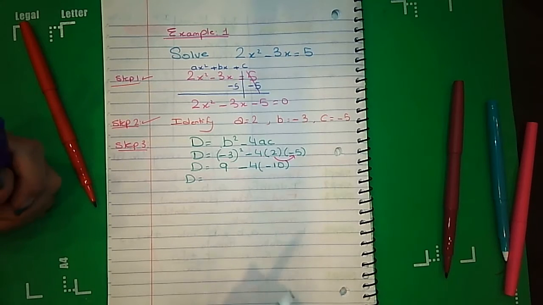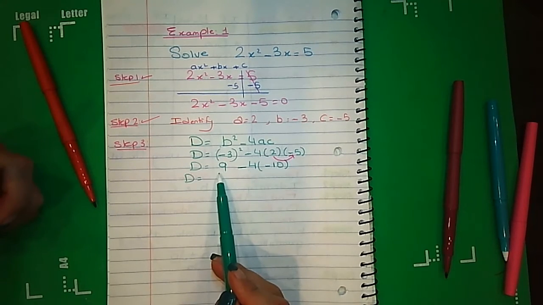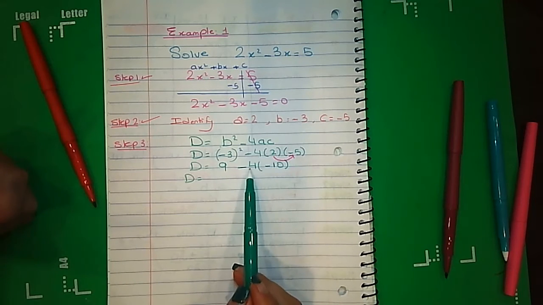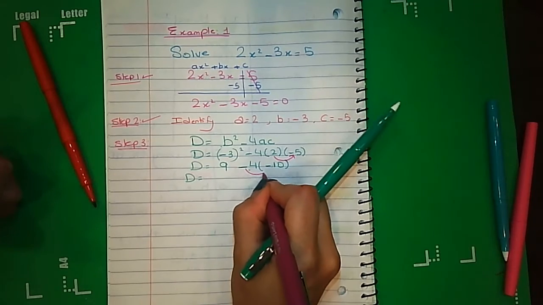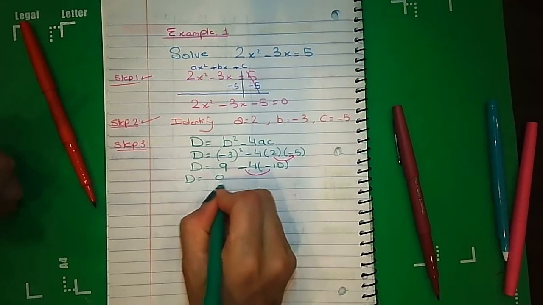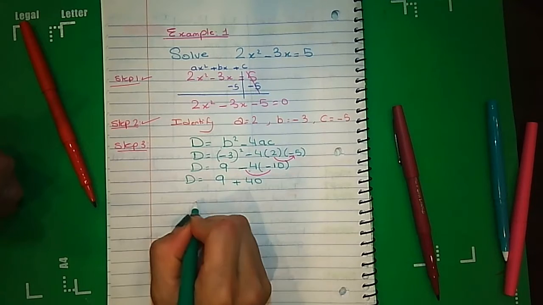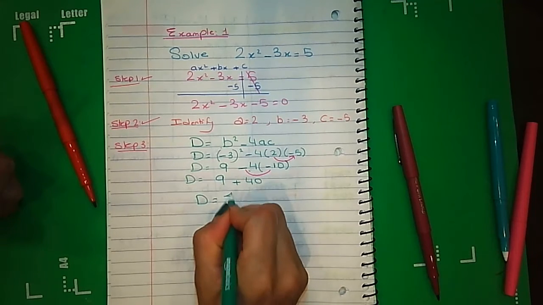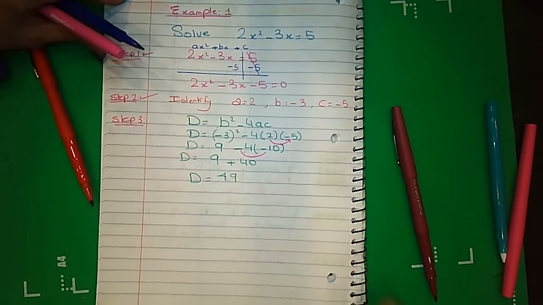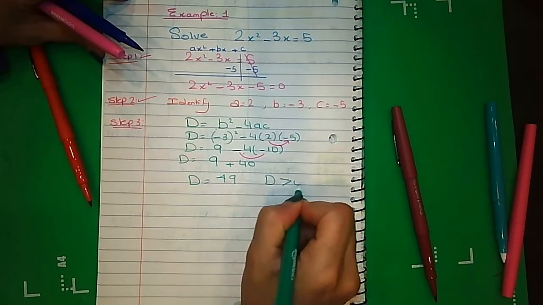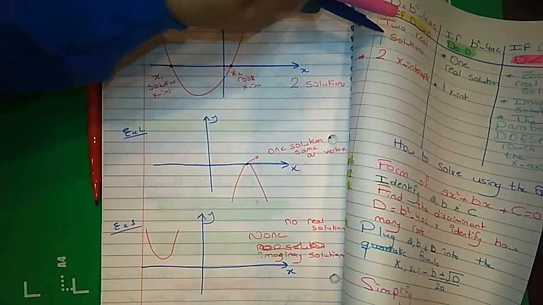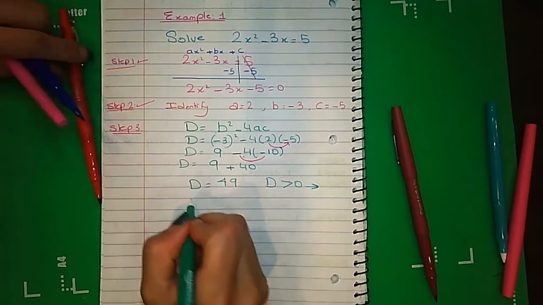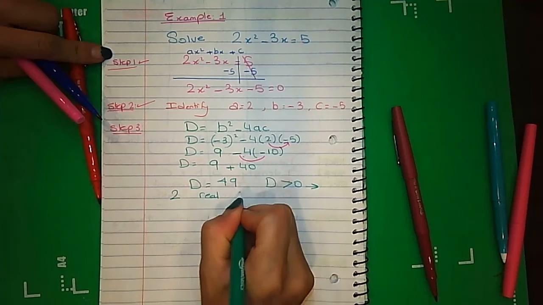Please do not subtract 4 from 9 until you multiply. So 9 plus 40, D is 49. 49 is a number bigger than 0. D is greater than 0. That means, if it's bigger, I have 2 real solutions.